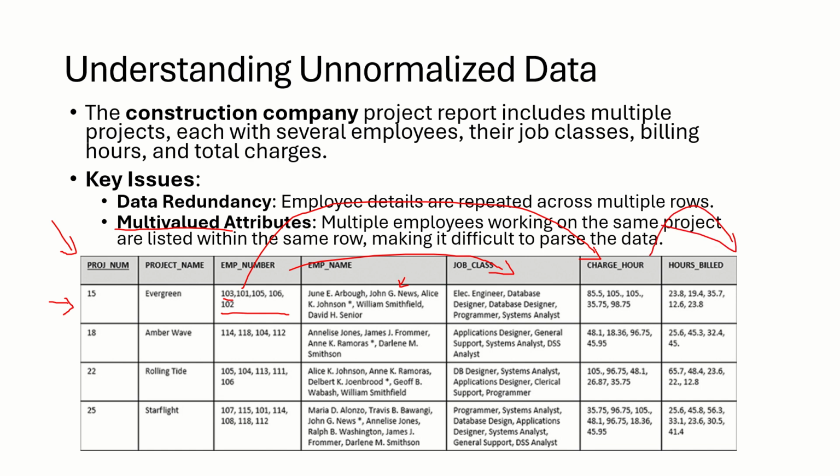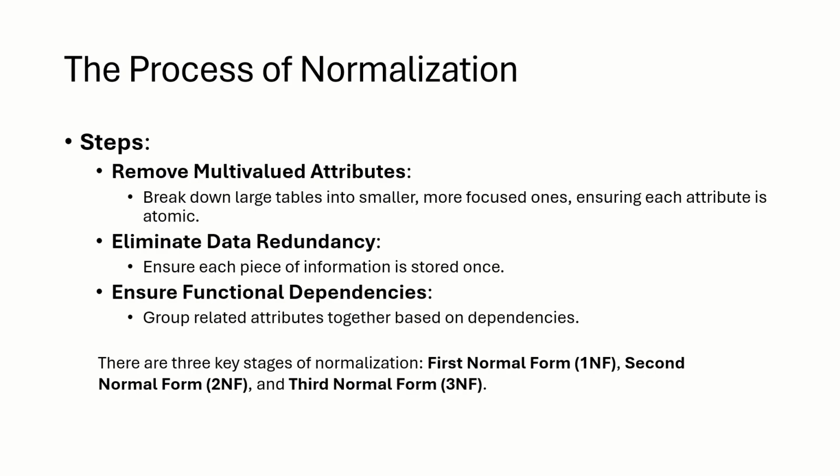So unnormalized data is not easy to organize, not easy to look up, and not easy to edit. So we need to make sure to edit them and normalize the data so people can easily use it. There are 3 steps to normalize the data.